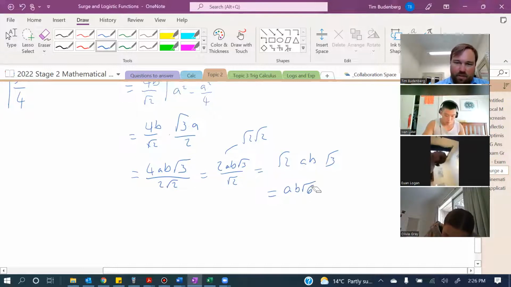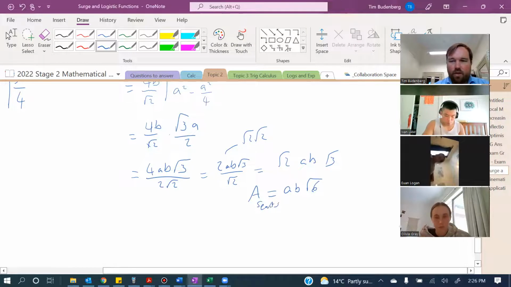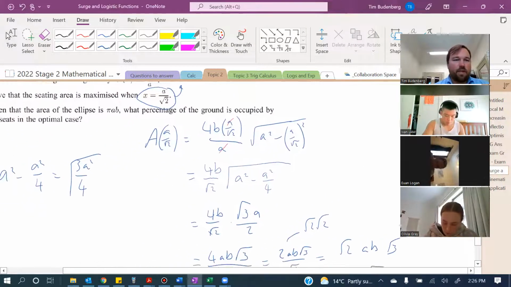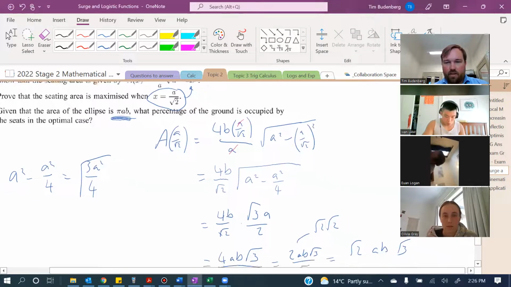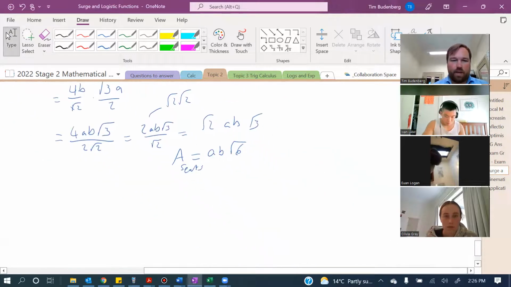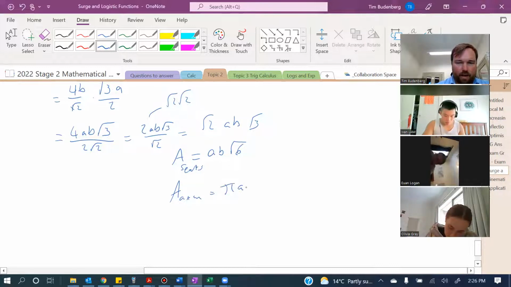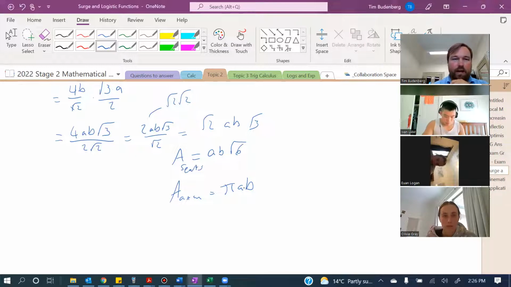All right, so we've done all this battle to get that, and that, remember, is the area of the seats. The area of the entire ellipse, the arena, is pi AB. And I guess they're asking for this as a percentage. So what percentage is filled?